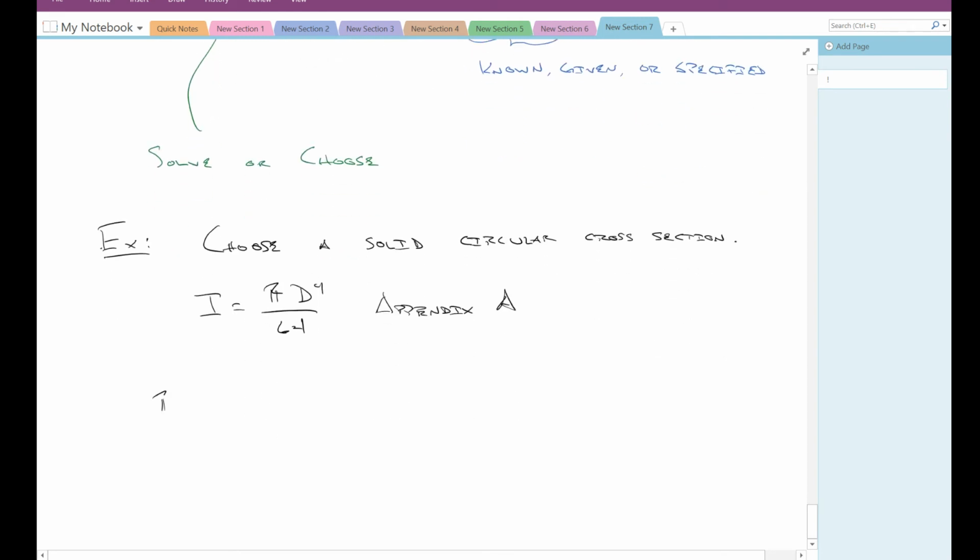We can say pi d to the fourth over 64 is equal to n times the allowable load times KL quantity squared over pi squared times our modulus of elasticity.